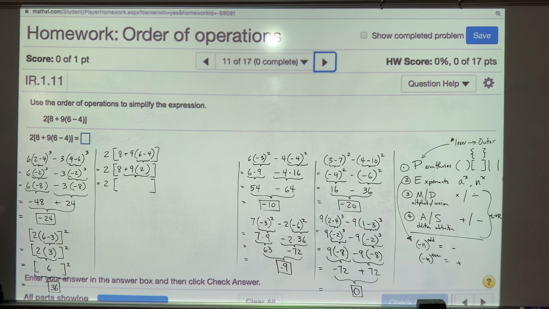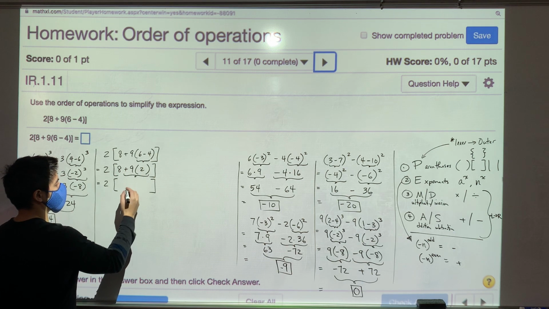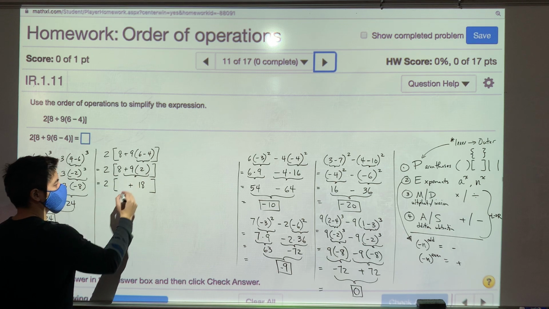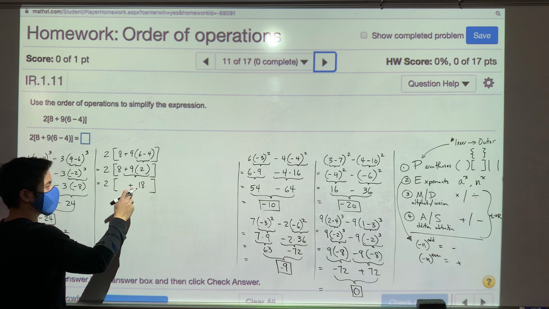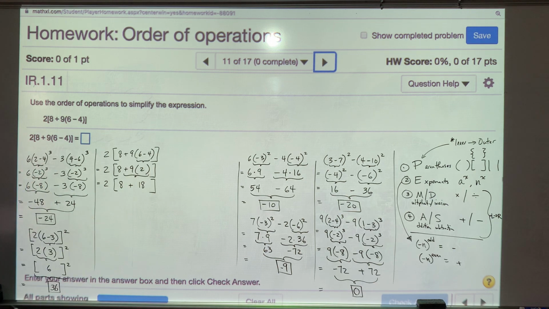Multiplication has to come before addition. And so positive 9 times a positive 2 is not just 18, but positive 18. Write the sign down, no matter whether it's positive or negative, because that makes the picture easier to see of what you need to be doing. Are there any questions? Okay.